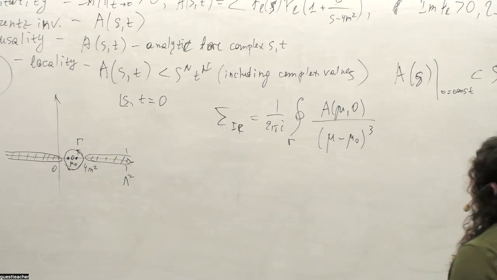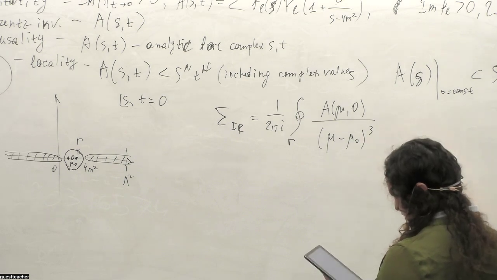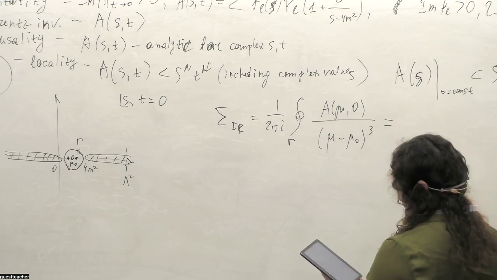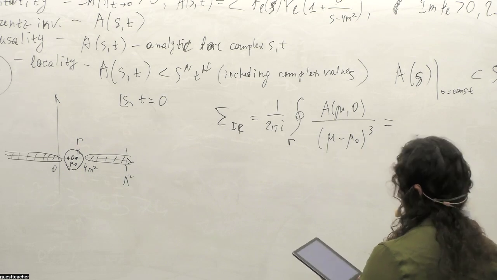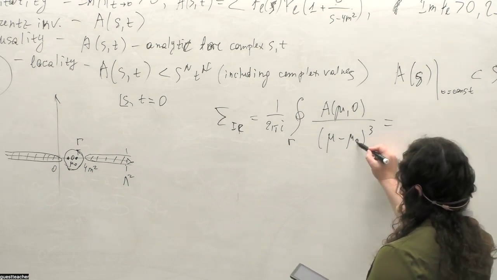Then I have two ways to compute this quantity. One way is to express it as a sum of residues and assume that there are no poles except for the artificially introduced mu0 point.